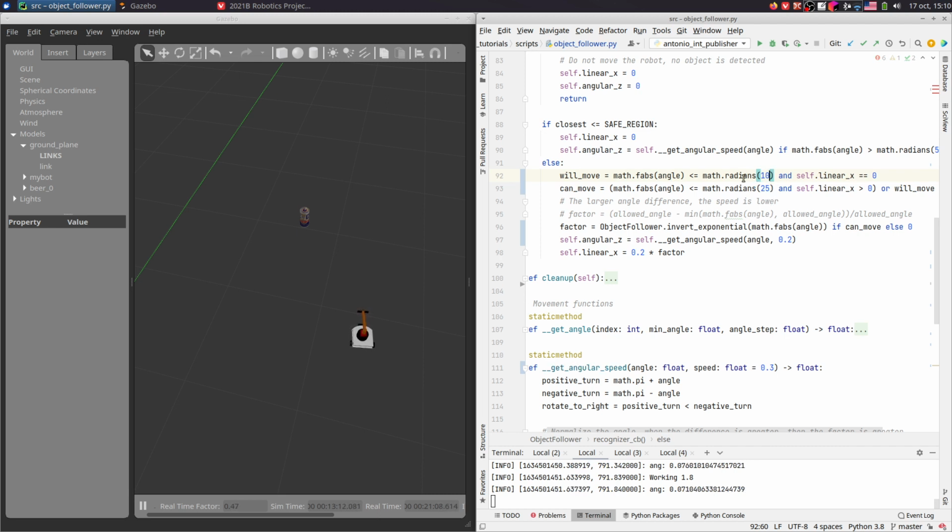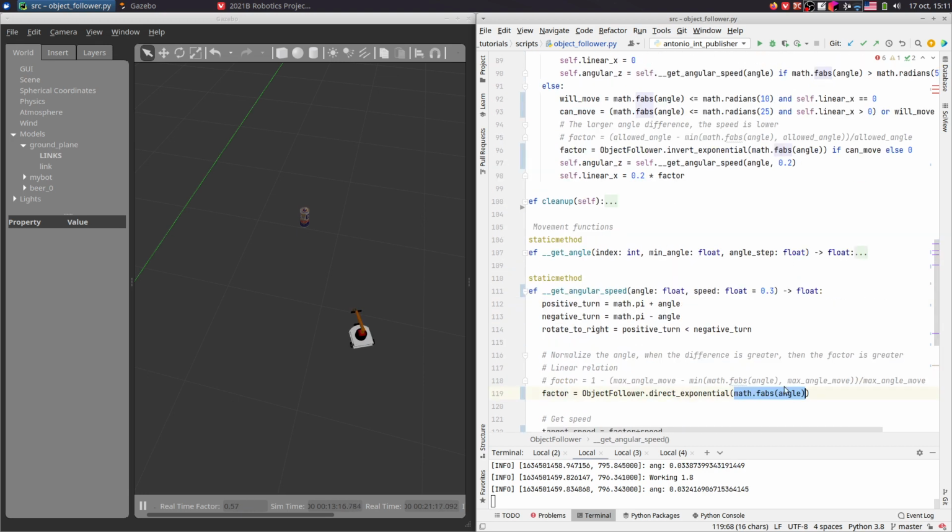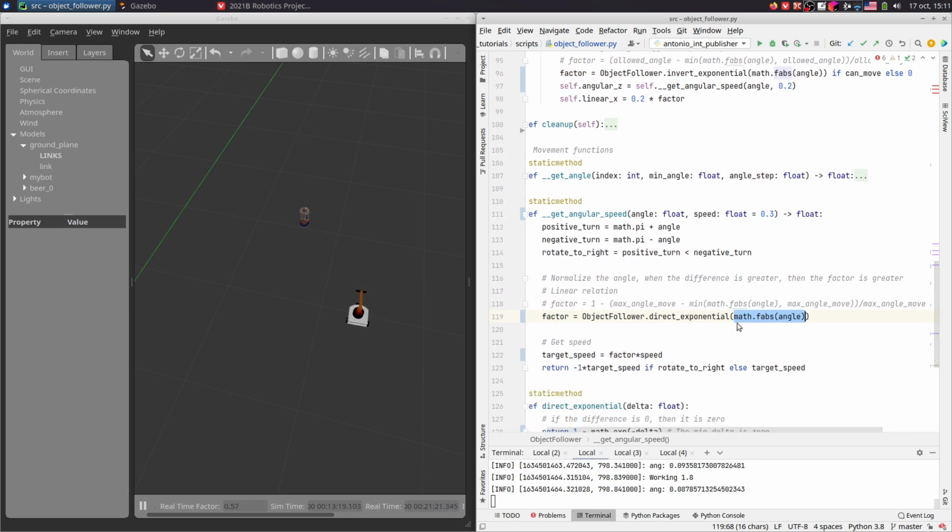And the other alternative that I used was to remove the first angles, because we know that the first angles do not alter the direct exponential too much, so these movements are greater, and that's all. Right now it converges to the linear, but it is not fast enough.